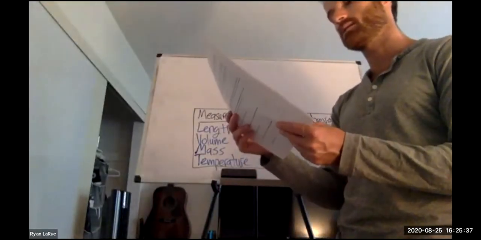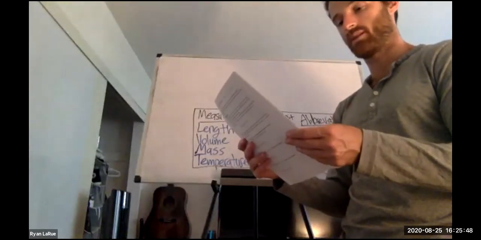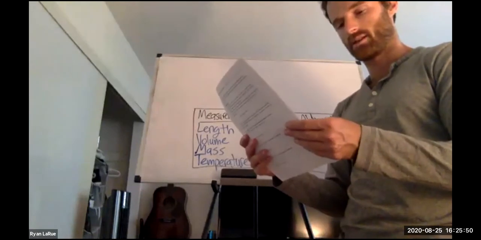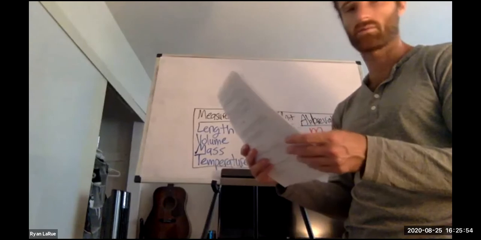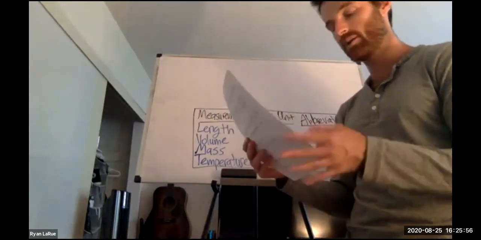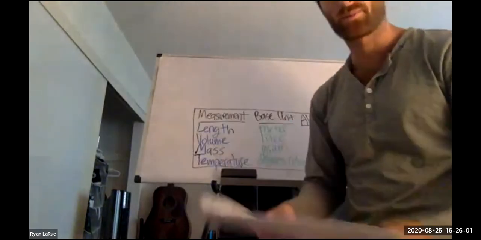There are a lot of prefixes, first of all. We don't use all of them. Some of them I've never used in my life, like hecto or mega, giga, or deci, pico, very rarely.